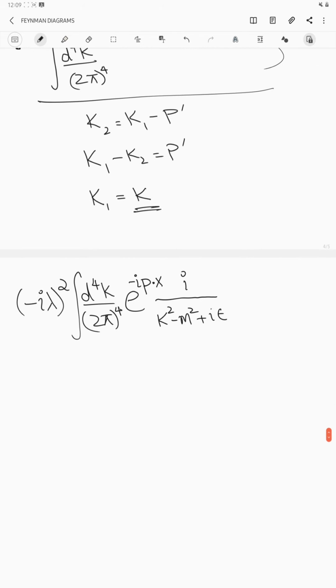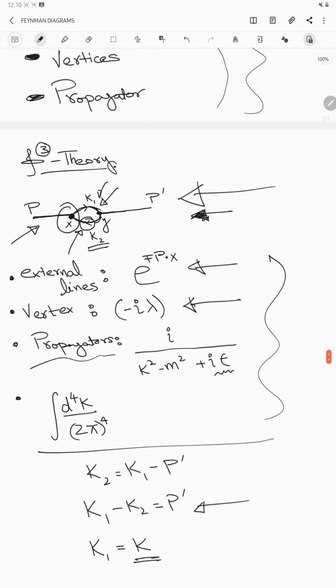So it would be iota over k minus p squared minus m squared plus iota epsilon. Now we have accounted for these two internal lines in this diagram.